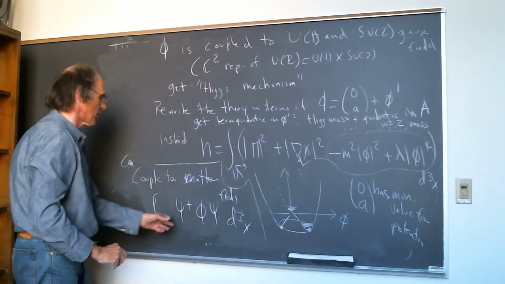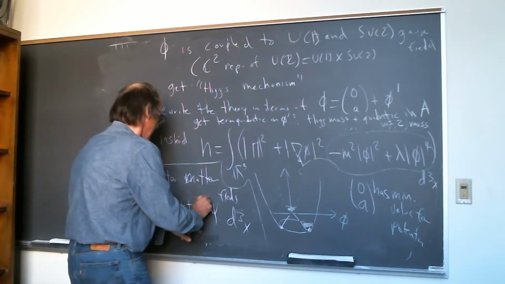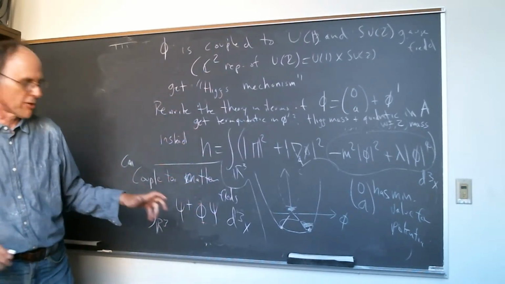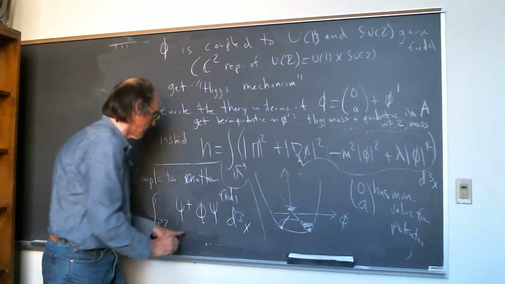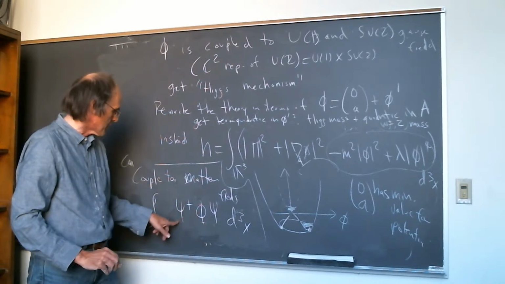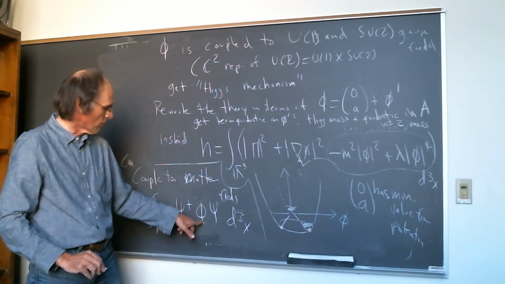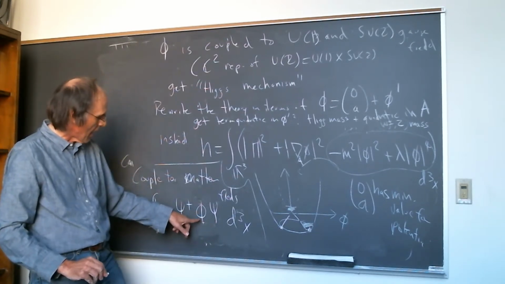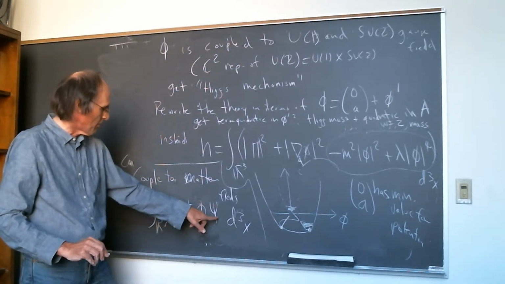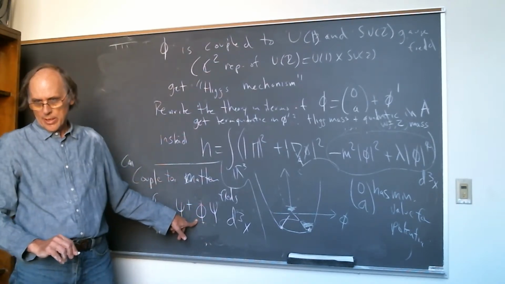So I won't try to write out carefully all the structure of the right indices and all the right couplings, but to the extent that the psis and psi daggers interact with the SU2, anyway, you can write down terms where they're quadratic in the psis, but you also couple to a background Higgs field.